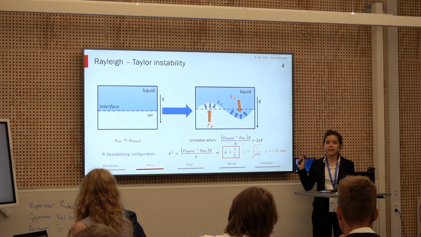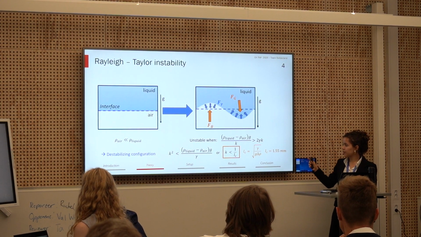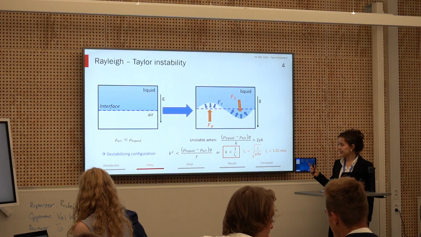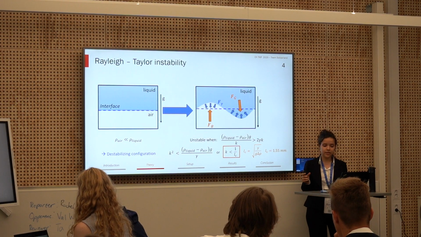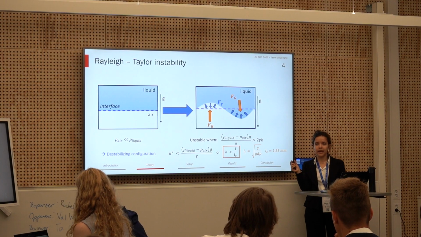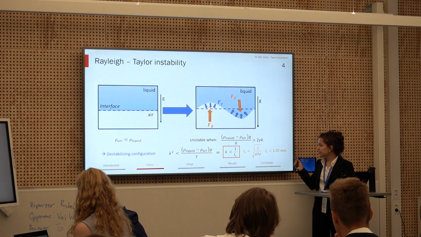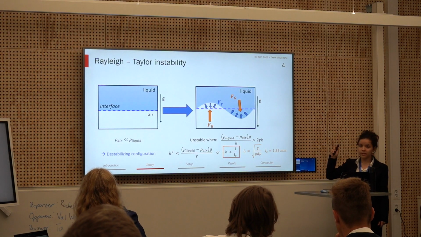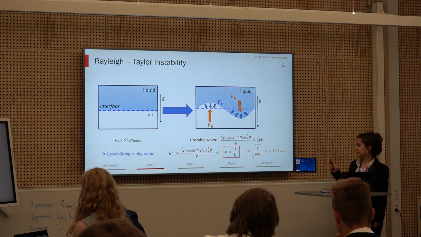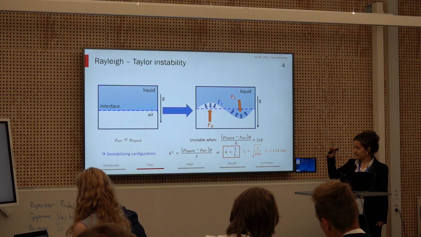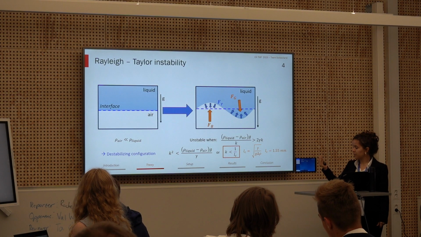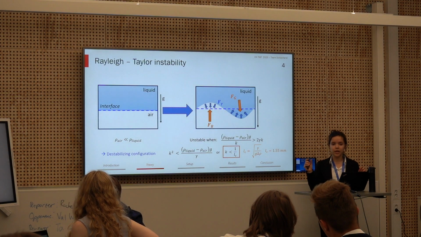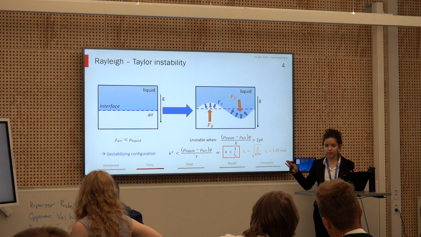So basically, the critical length is the minimal length that you need in order to become unstable for two fluids of different densities and a certain surface tension. For this case, we use silicone oil of a specific density, and with the air density, we get this critical length, around 1.5 millimeters.